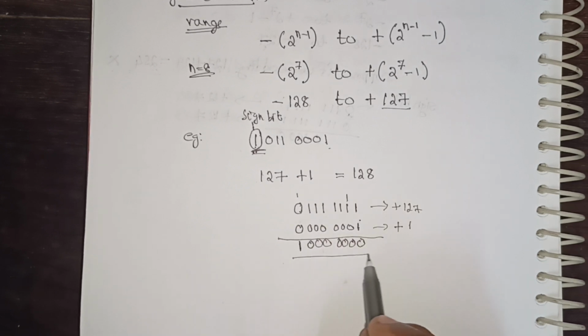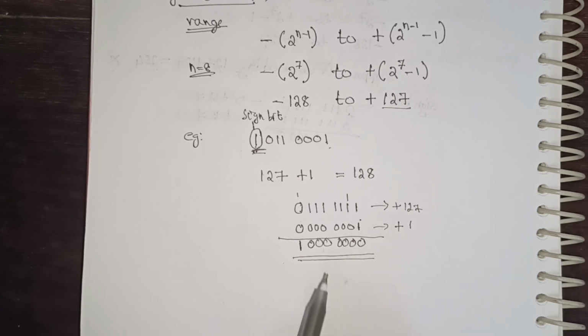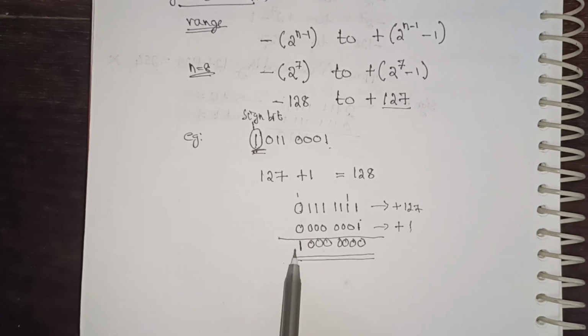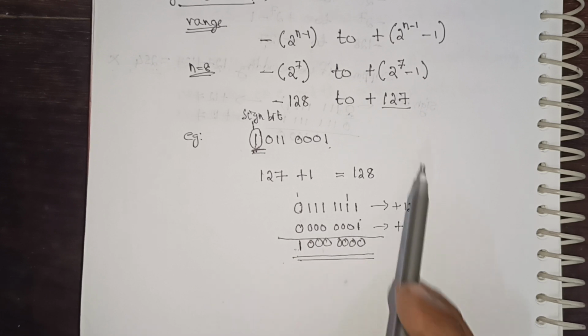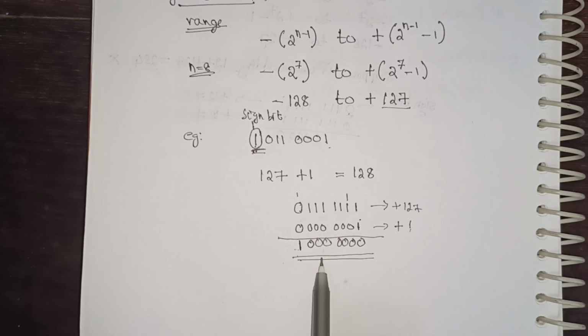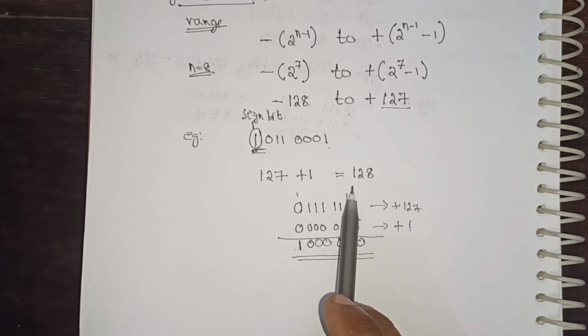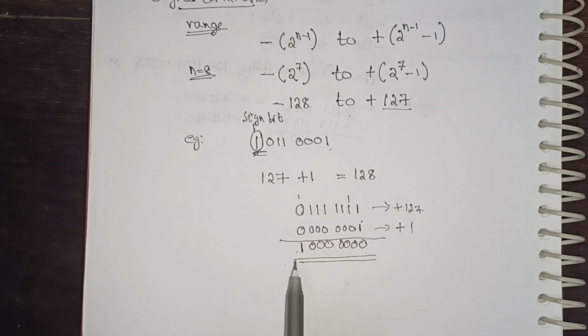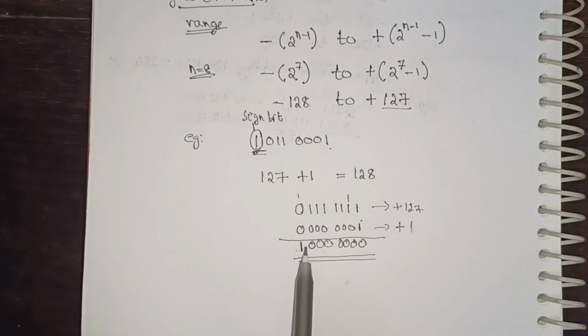Now notice that in our result, our sign bit has changed. If we add two positive numbers, the result should be positive, but here we are getting a negative number. This is the case of overflow, because we are out of the range and we cannot represent positive 128 in signed arithmetic. Under this condition, our sign bit is changed.